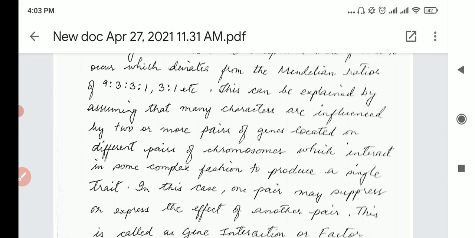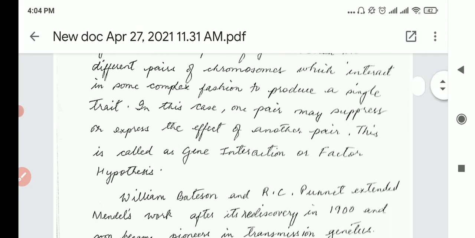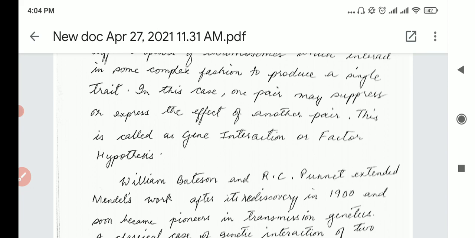So they are located on different chromosomes, and how they interact with each other is what will determine what the trait, what the phenotype, will be. One may suppress or one may express it even more, depending on the dominance and recessiveness, and depending on how they interact with each other.